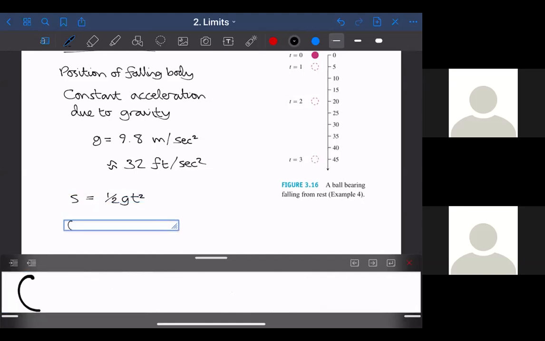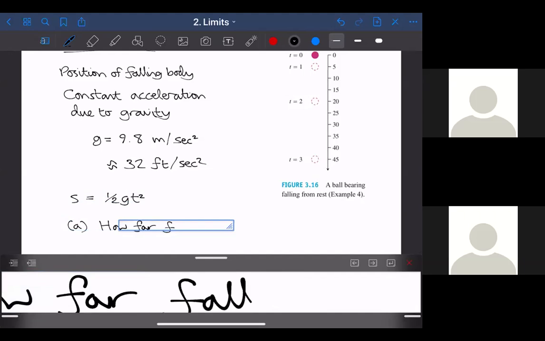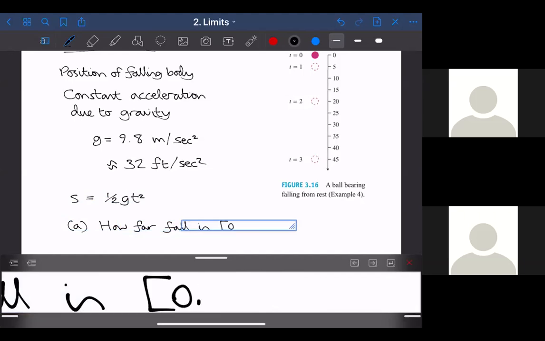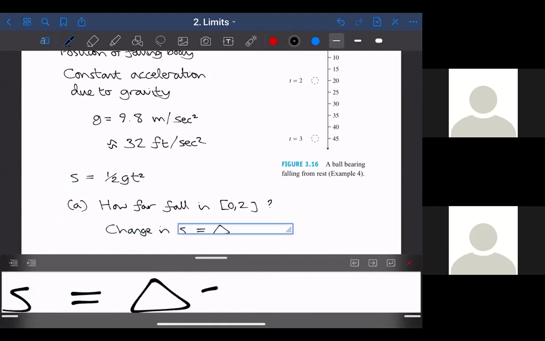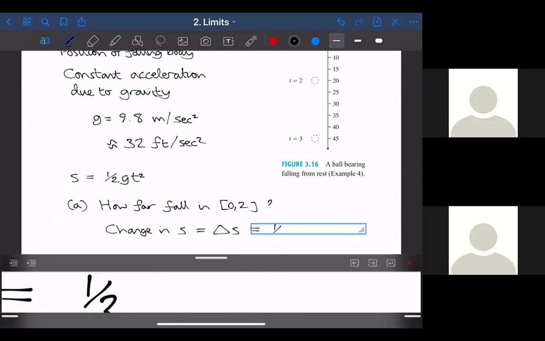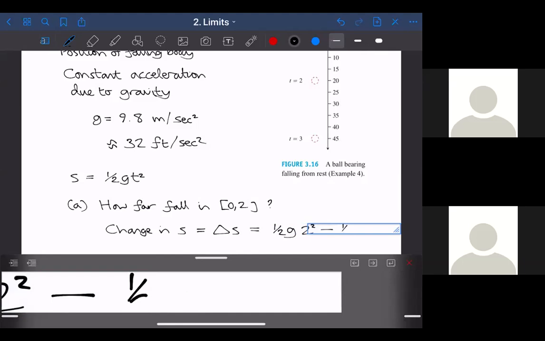So, question. How far does this fall in the time interval 0 to 2? So the change in position is delta S. So half g times 2 squared, that's the position at time 2, minus half g times 0 squared.